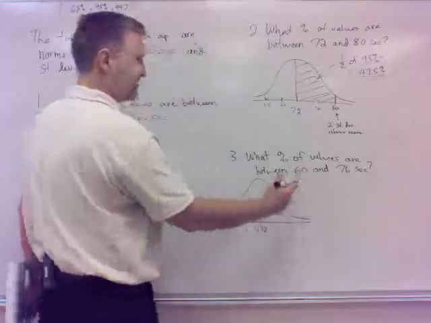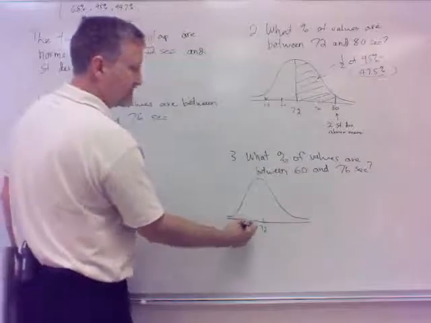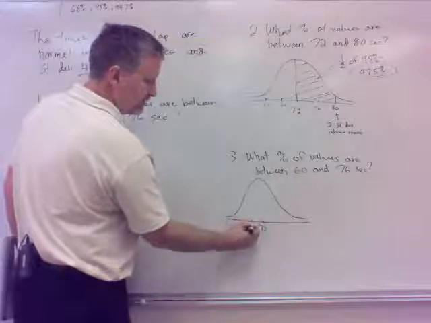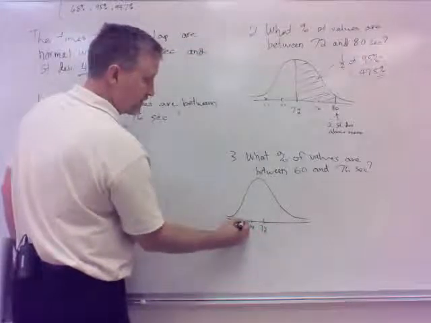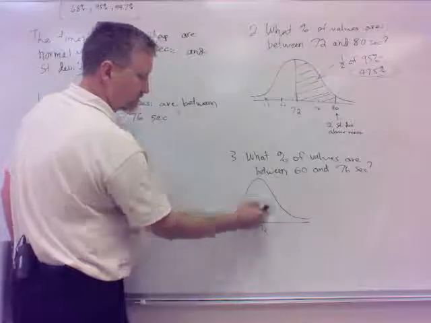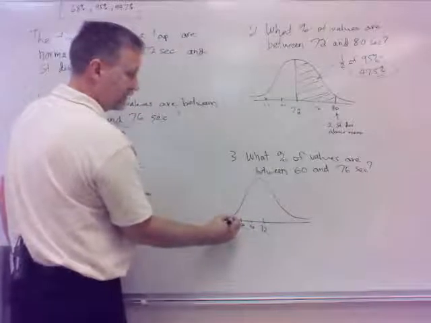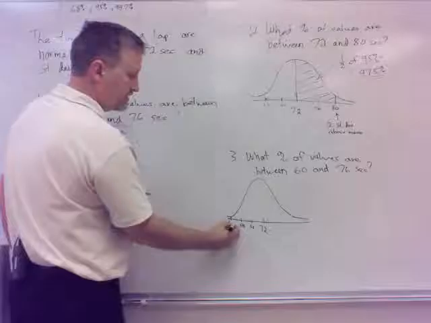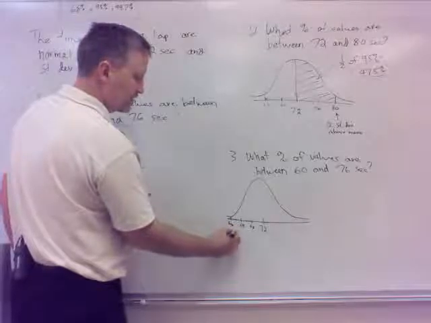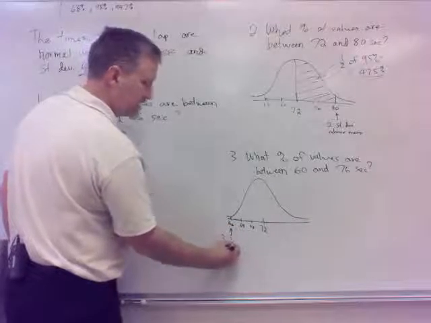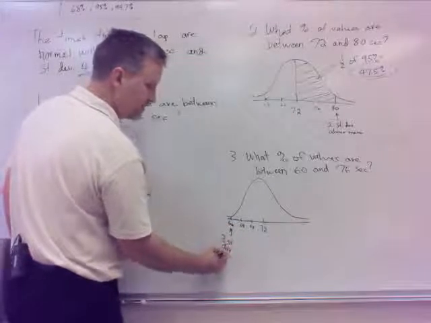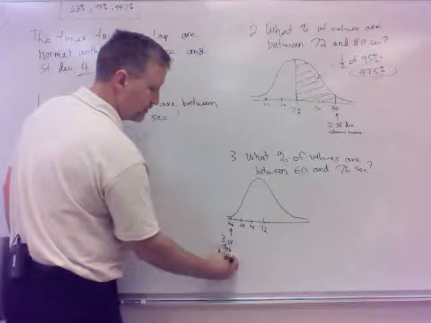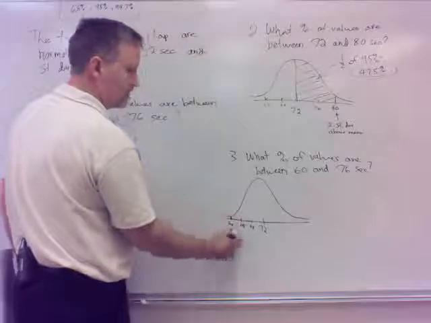Let's go to 60. Let's count it back. How many do I go back? One would put me at 68. Another one back would put me at 64. So I'm still not at 60, so I need to go a third one to get to 60. So how many standard deviations is 60 away? 60 is 3 standard deviations below. So I want that part.